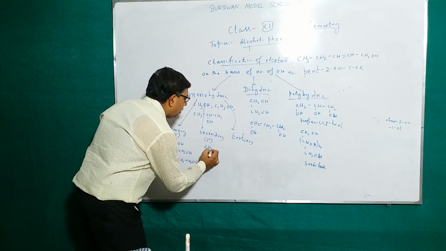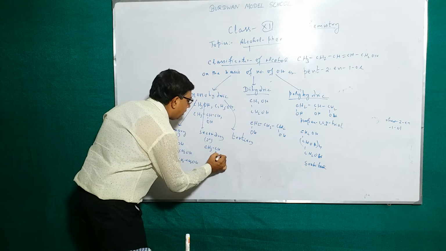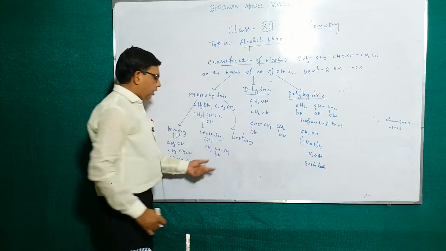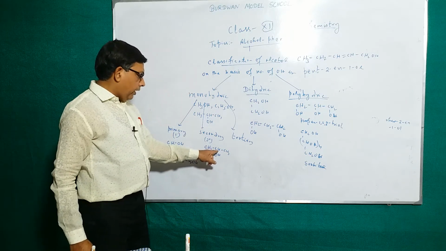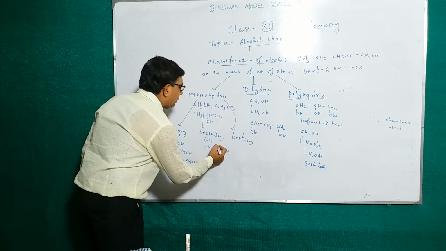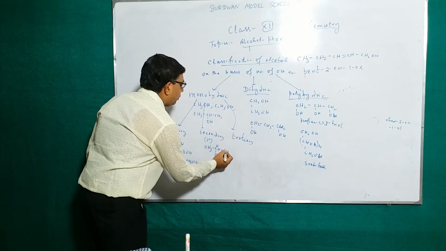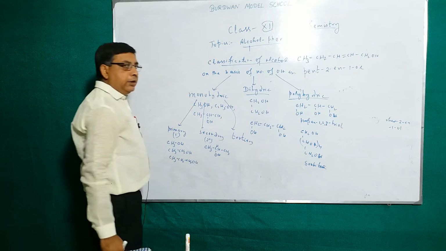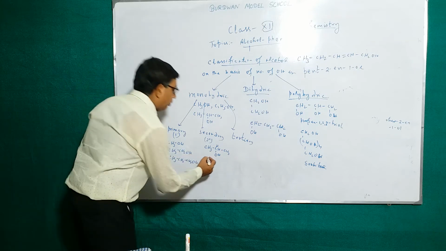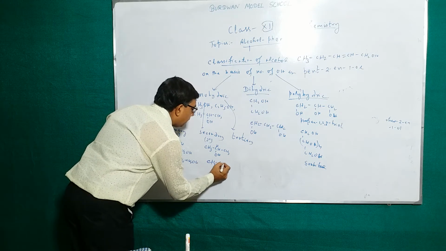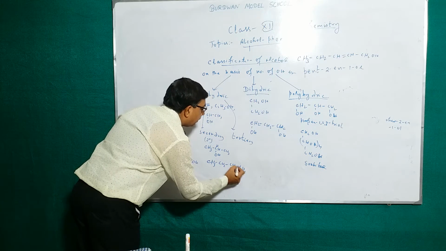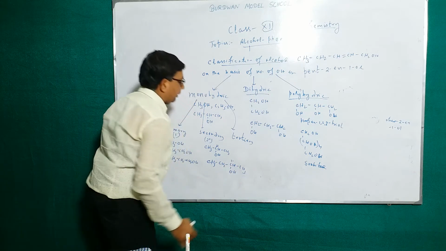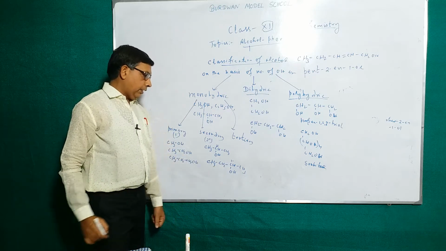Secondary alcohol, say CH3CHOHCH3, propan-2-ol. Here the OH group is attached to a secondary carbon, because this carbon is linked with 2 neighboring carbon atoms, so it is secondary alcohol. Similarly, CH3CH2CHOHCH3, butan-2-ol, is a secondary alcohol.